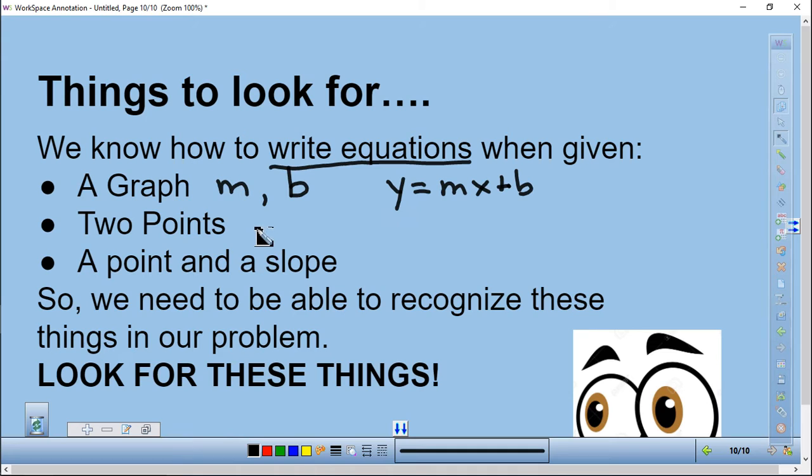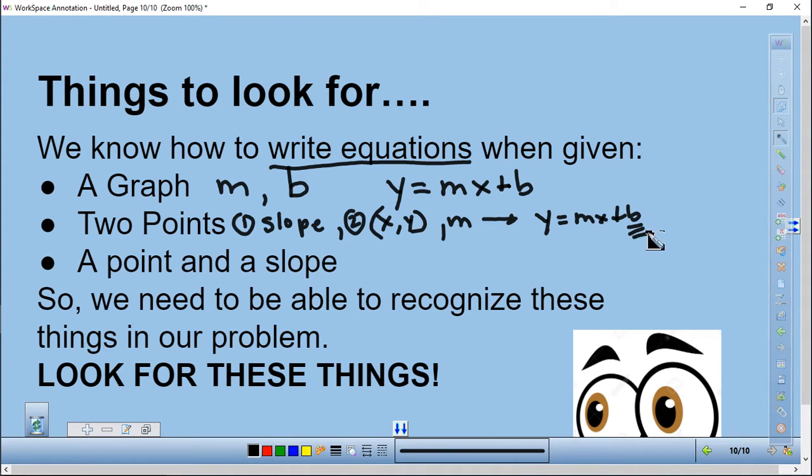We've also learned how to write equations given 2 points. When we're given 2 points, the first thing we do is find the slope. Then we use the slope and a point, and we substitute them into y equals mx plus b.